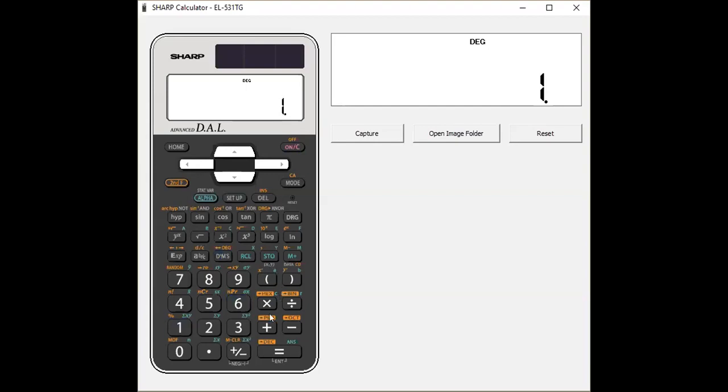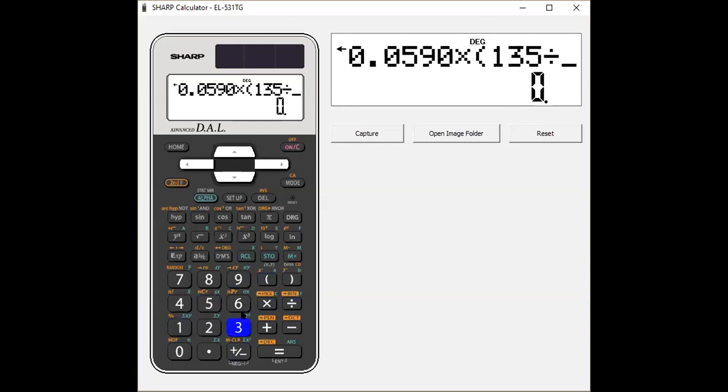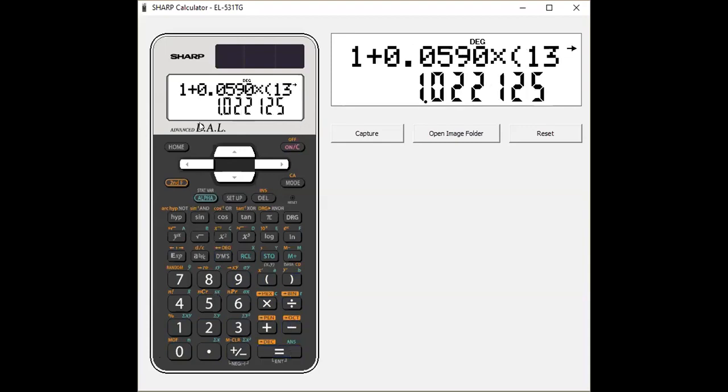You say 1 plus 0.0590 multiplied by open bracket 135 divided by 360 close bracket, and you get 1.022125. Okay, so that's how you would get this first part, and then you would do the same for the top part and the bottom part.